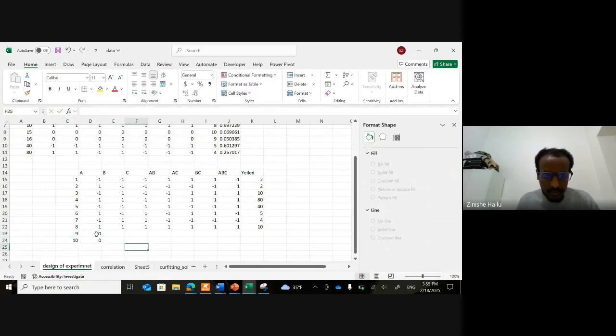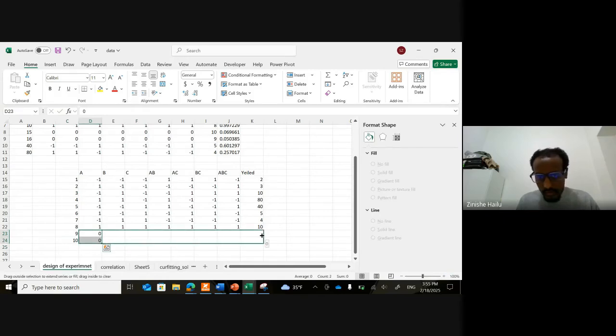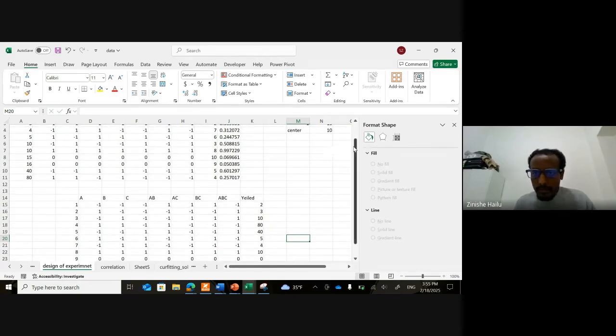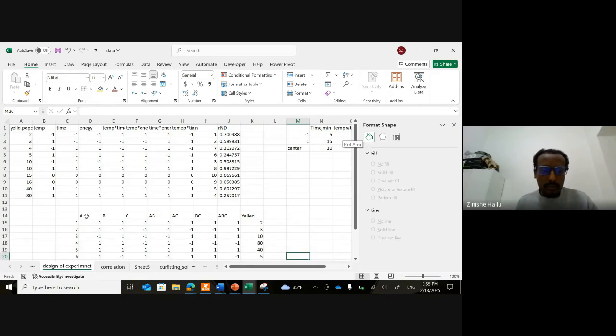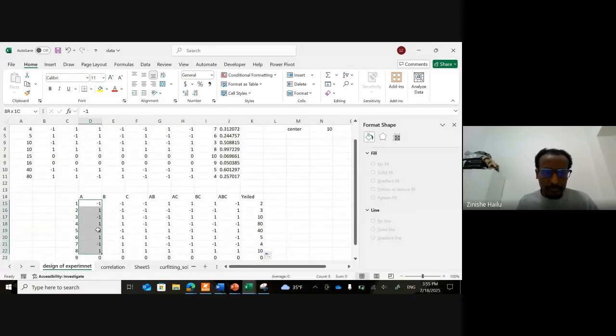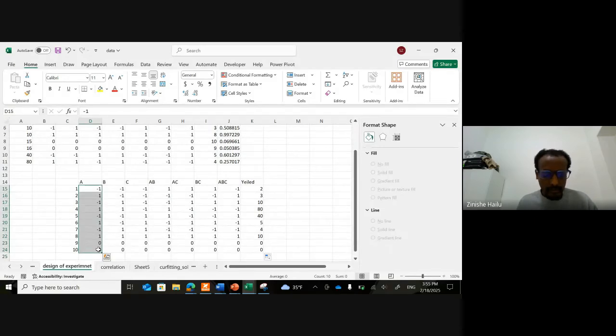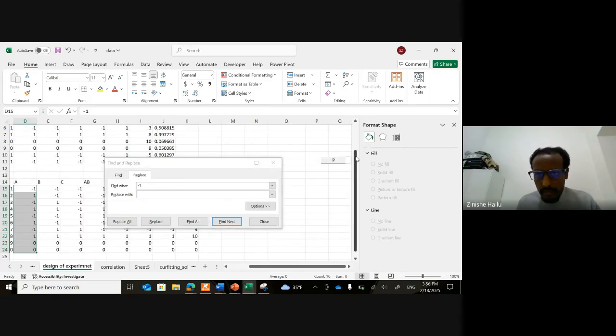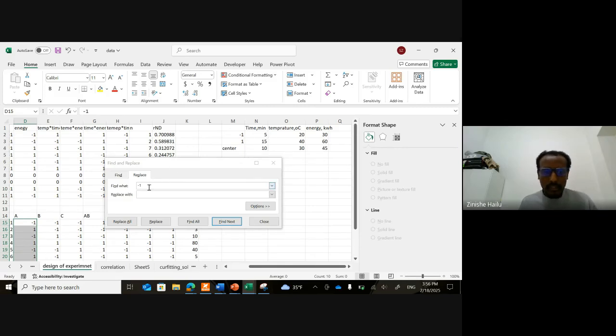Point. Now this is the design, but we can substitute these values back. Let's say -1 has to be replaced by the minimum for the first parameter, time. The minimum is 5, so I can put 5 and replace. And the maximum 1 is 50.